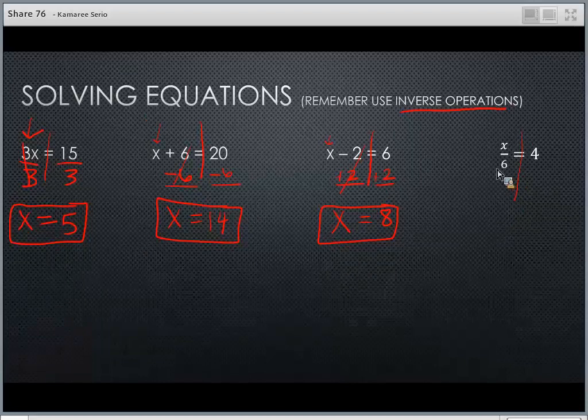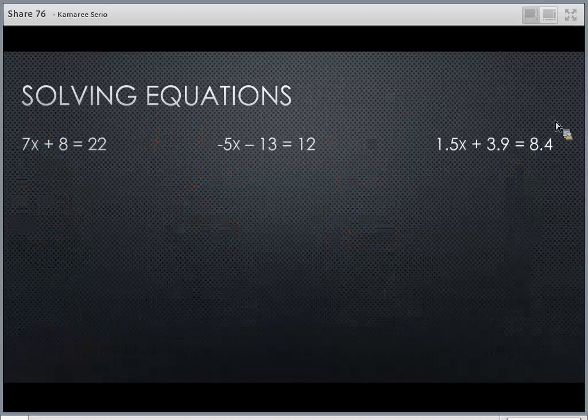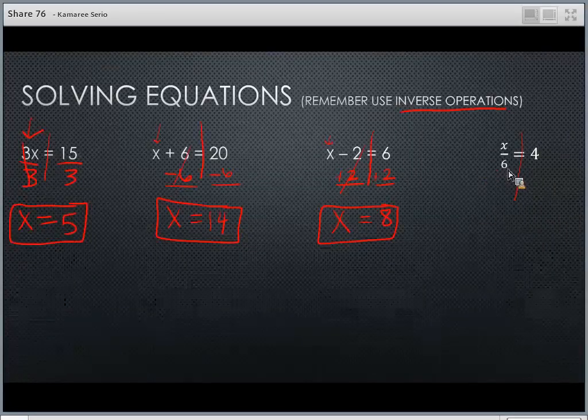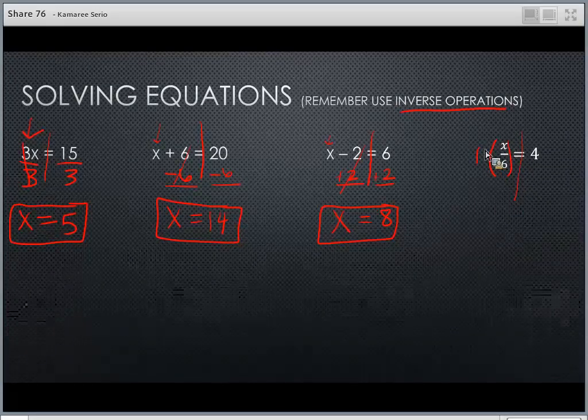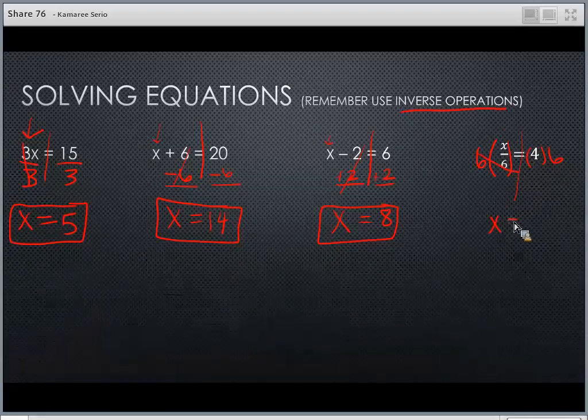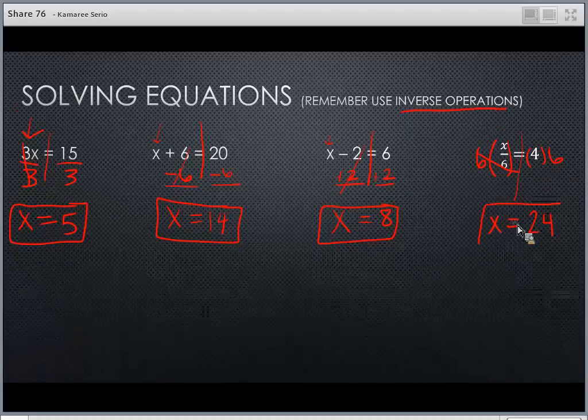If I need to get this 6 out of here, my goal is to get that 6 gone, so that way I have x by itself. The opposite of dividing by 6 is multiplying by 6. So when I multiply this whole fraction by 6, they actually just cancel and I'm left with just x. And 4 times 6 is 24.